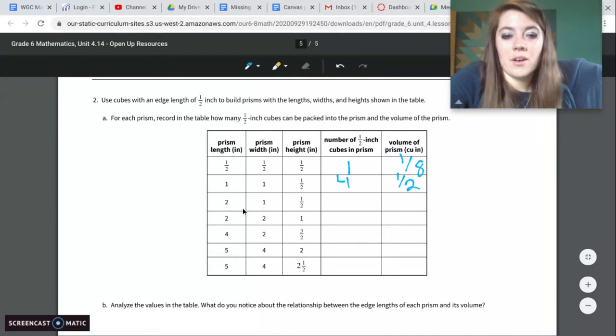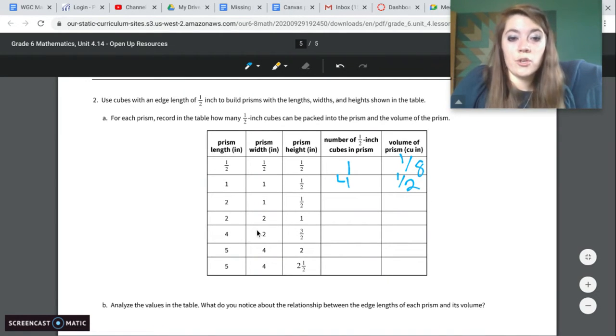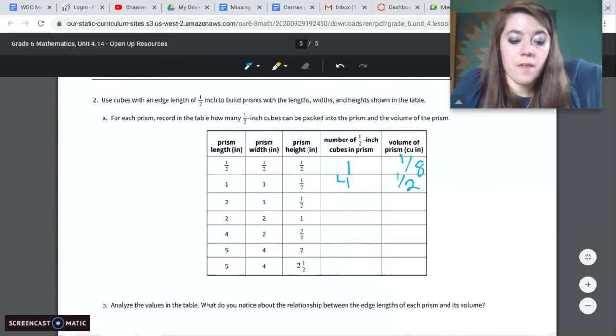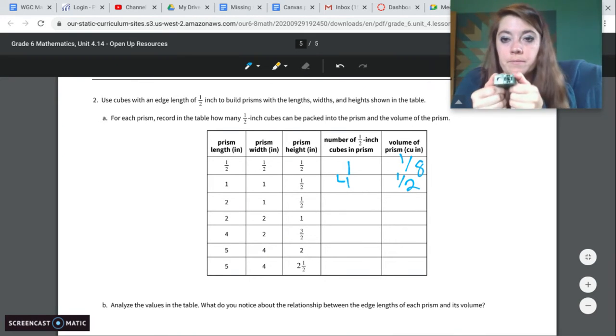All right, the next one, we have a length of 2. So now it's going to take 4 of these to go all the way across. So we've got 4 for our length, because it's the length of 2. Then we have a width of 1. So that's going to be 2 of our blocks.